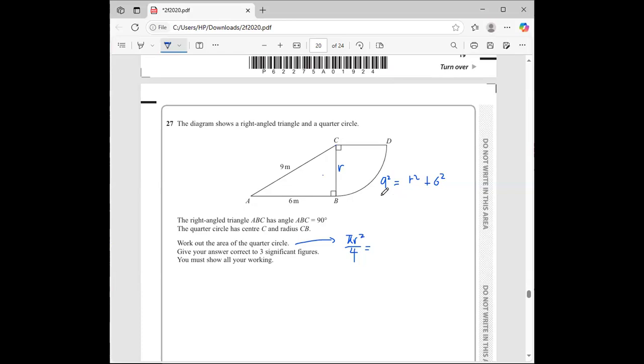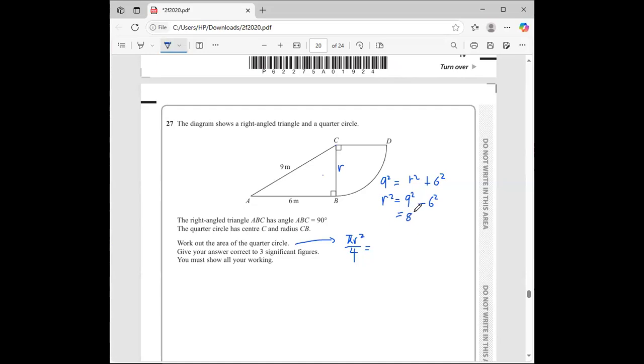Okay, so let's make r squared the subject of the formula. So r squared would be on its own, and that will give us 9 squared minus 6 squared, isn't it? Yes. Furthermore, 9 squared is 81.